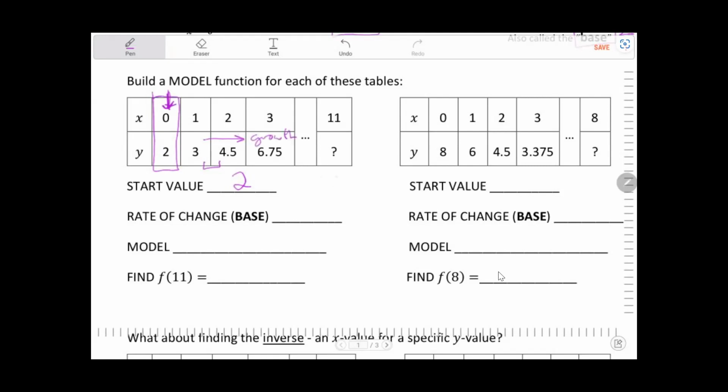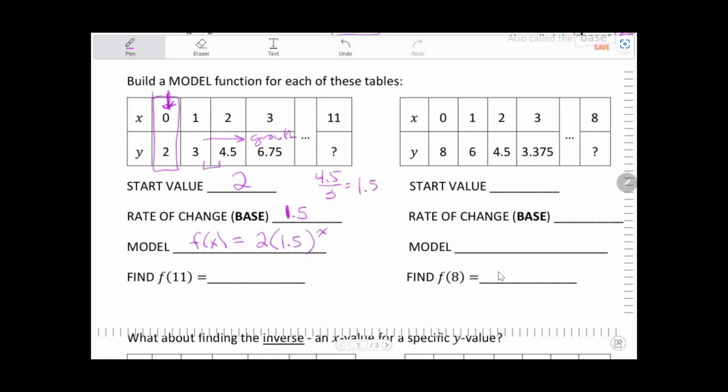So we're going to divide 4.5 by 3, and we're going to get 1.5. That means our rate of change, also called base, is 1.5. And so our model is going to look like this: f of x equals starting value times 1.5 to the x power.